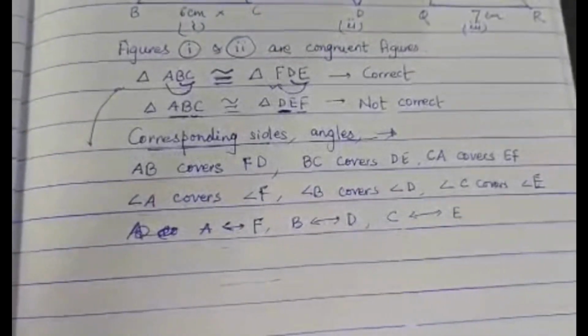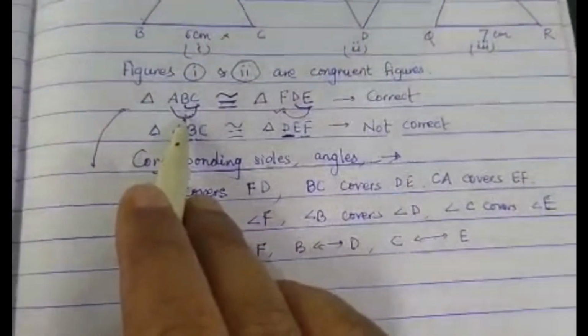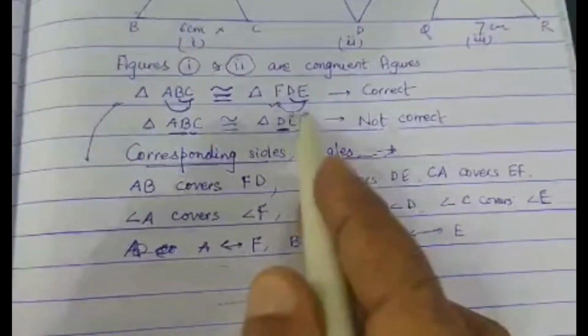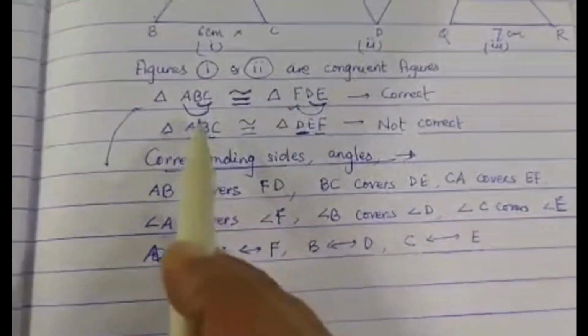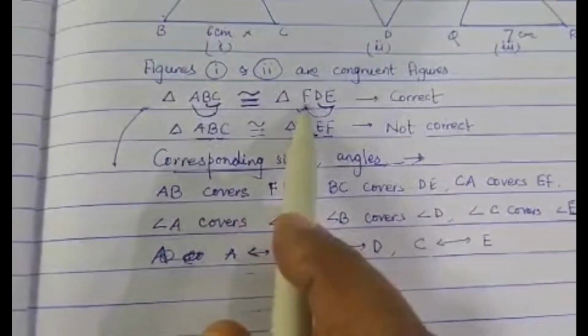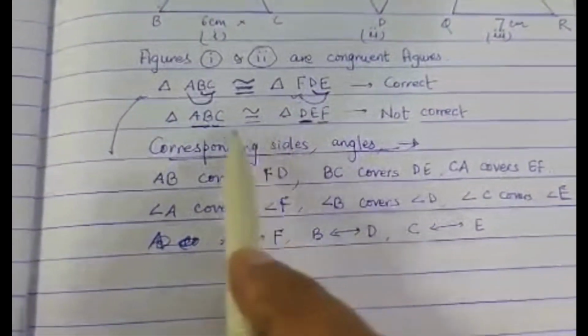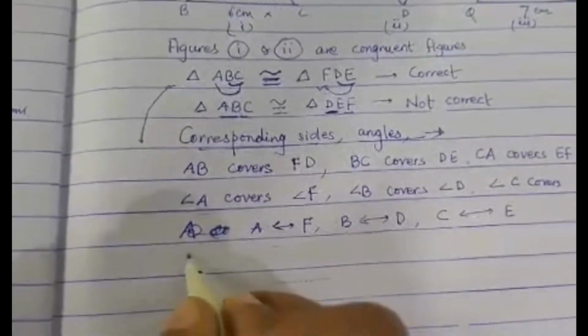So basically all the sides of triangle ABC are falling on corresponding equal sides of triangle FDE. Then and only then we can say that this triangle is congruent to this triangle. If you write otherwise, then this is not correct. I told you already, this is called CPCT.